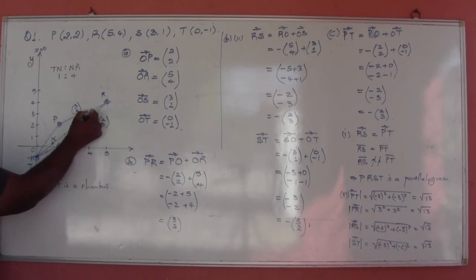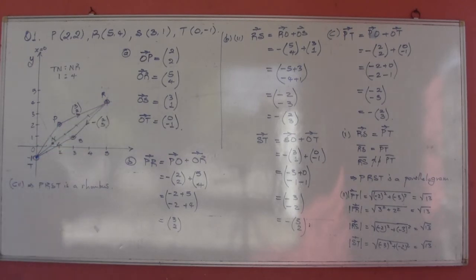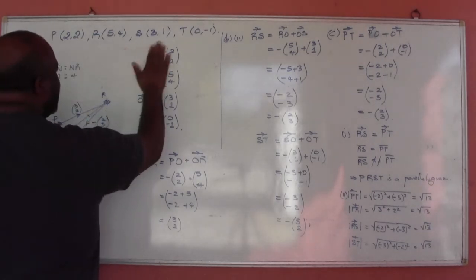Then I'm asked to determine the position vector of N. I need a little space to work that, and I didn't want to erase anything, but I don't have a choice.